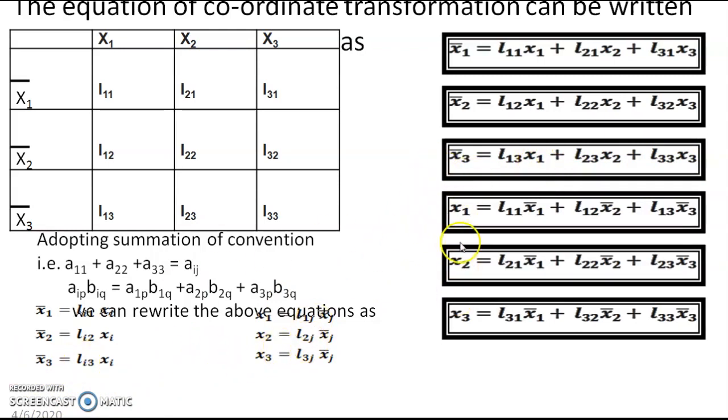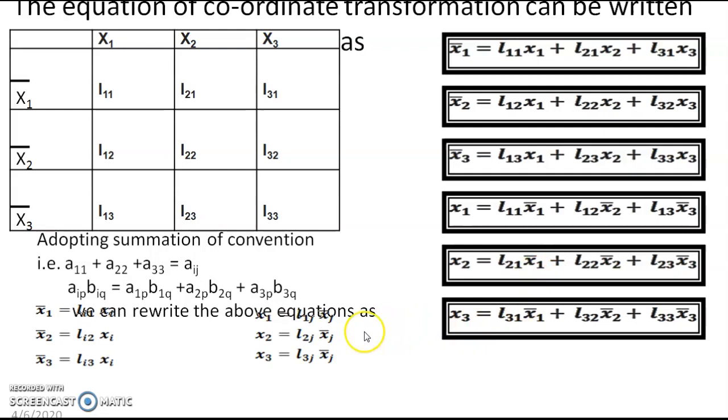Similarly, for another 3 equations, we'll get these compact equations, so that we can put the value of I and j only. But in this case, when x bar, you will get x1 bar, x2 bar, x3 bar. Instead of writing I, you will have to write j here. So you are writing xi bar, xj bar, not xi.